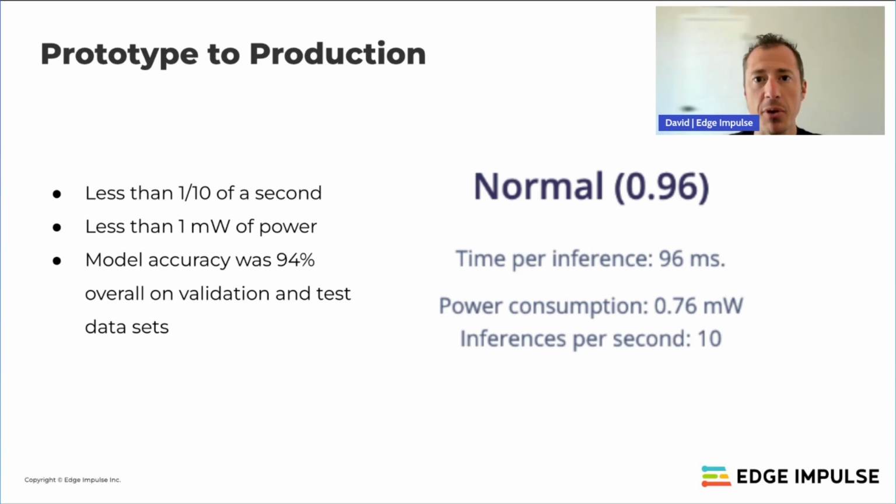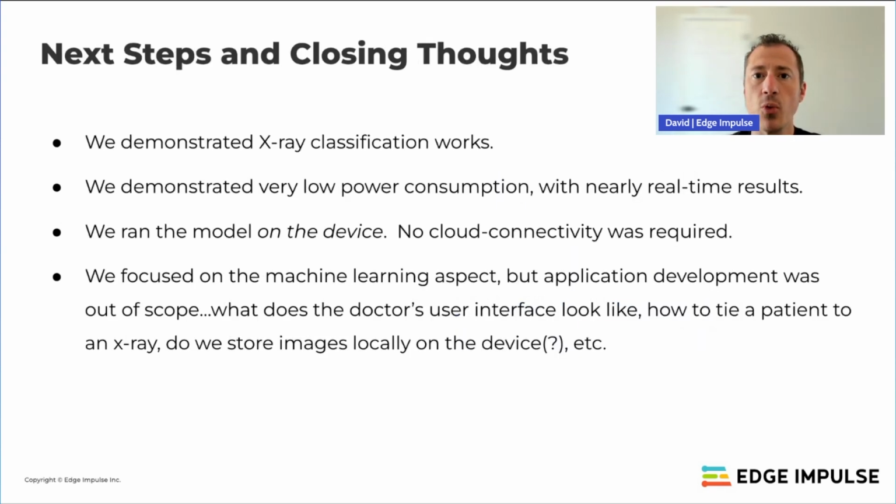And if you remember from the neural network creation step, we achieved 94.9% accuracy, albeit with some room for fine-tuning, perhaps trying to improve our normal classification a bit while dropping down that possible overfitting on pneumonia.